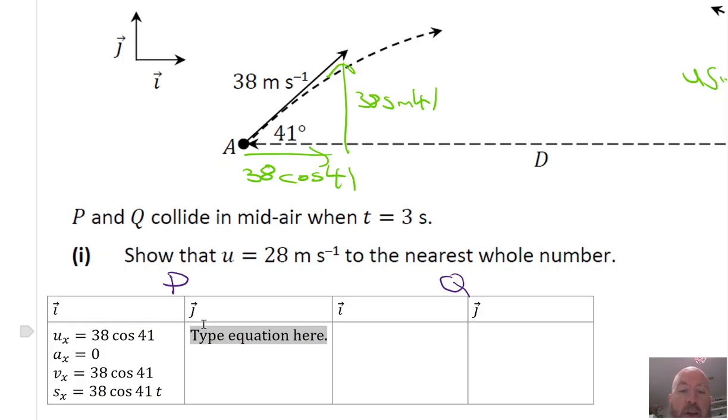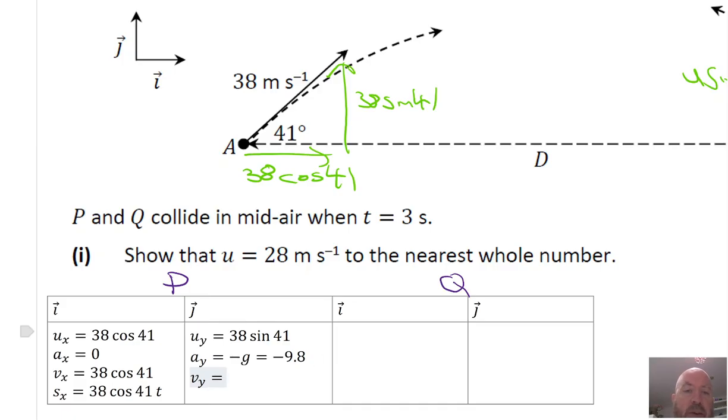Now we're going to look at Uy equals 38 sine 41. Ay is minus g, or minus 9.8, depending on what you want. If we want to get a number, we're going to use 9.8. If we're happy to leave g there till the very end, we can leave it as g. Then this means Vy equals v equals u plus at.